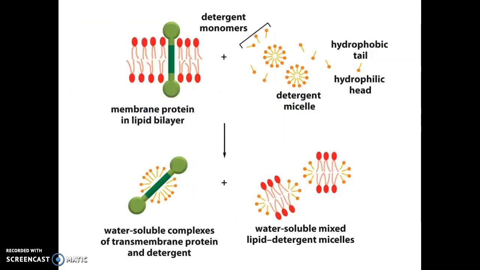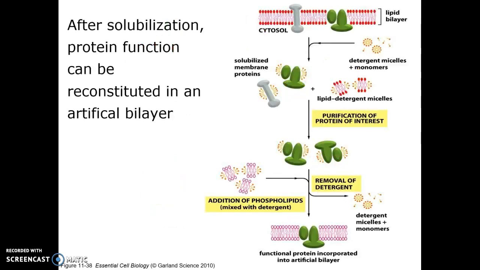And so that's how we study these proteins, by using detergents to pull these proteins out of the membrane and into a test tube where we can maybe start to look at their structure, slowly pull the water away, and maybe make crystals of the proteins, and then use X-ray crystallography.